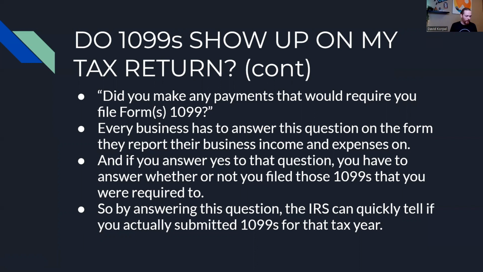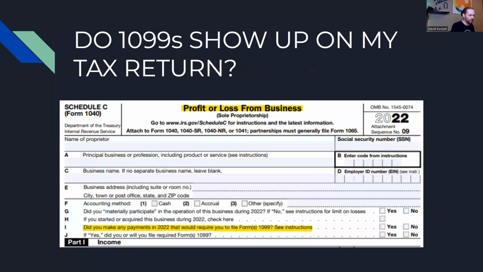And by answering this simple question, the IRS can easily tell if you actually did what you were supposed to do and issued the 1099s, because they can do a lookup of your EIN and see if the EIN that answered the question on the corresponding business return actually filed any 1099s.